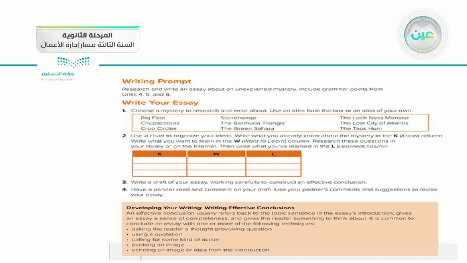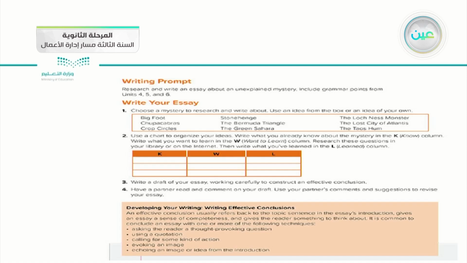Okay, now we want to apply the important directions for our essay today. The first one, they give titles. Look at that one. We have nine ideas for your essay if you would like to write about them, or you can use your own ideas. Choose a mystery to research and write about. Use an idea from the box or an idea of your own.